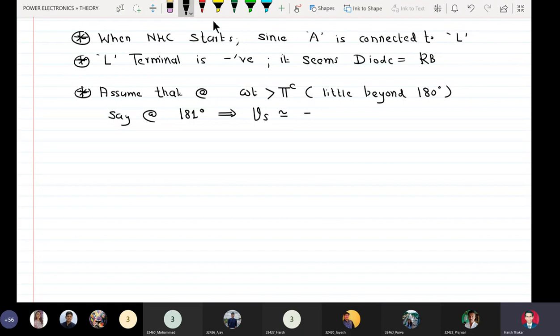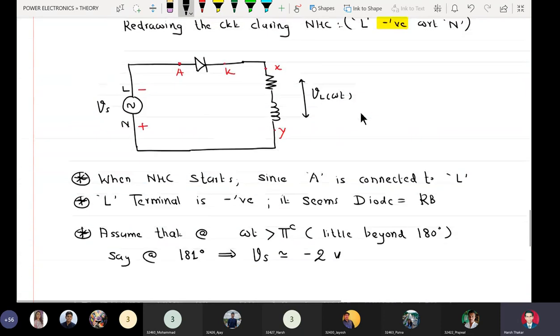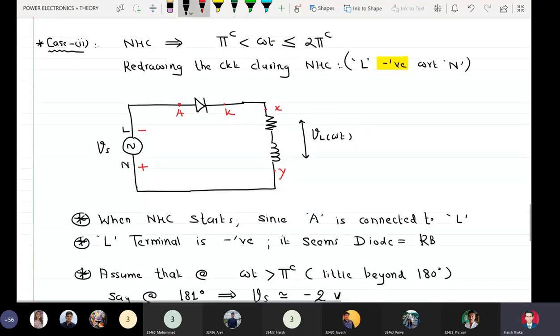We can actually calculate mathematically, but we are just assuming. So a little beyond 180 degrees, the negative half cycle has just started and the source voltage is negative, that is L is negative with respect to N. So Vs, say it is equal to minus 2 volts.